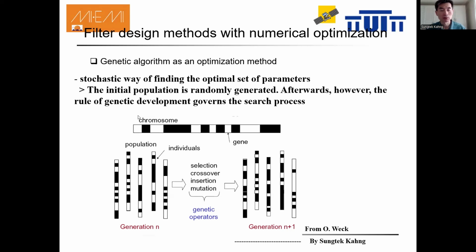So they use chromosomes, and a chromosome consists of genes, and this is called one individual, and individuals get together and make a population like that. Genes are bits.